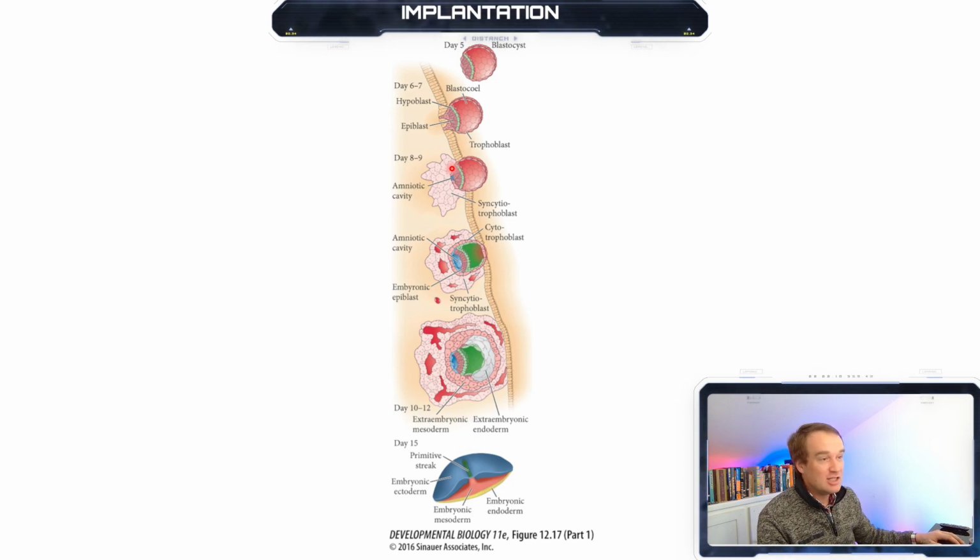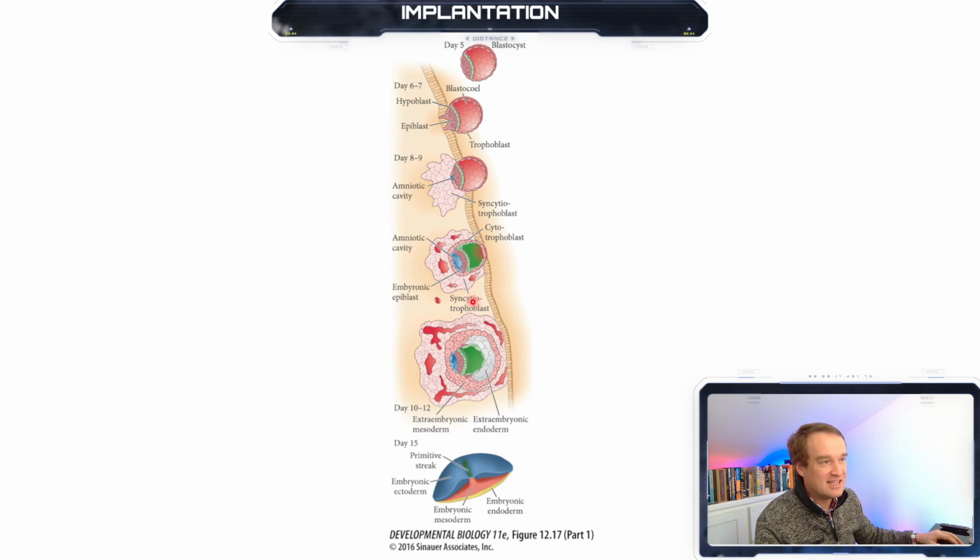This forms the extraembryonic endoderm, and you can also see that we get this syncytiotrophoblast being formed, spreading out into the uterine wall, and this growth of the cytotrophoblast in close proximity to the blastocoel here. Wow, I cannot get that word out.